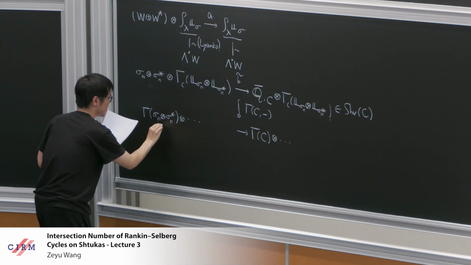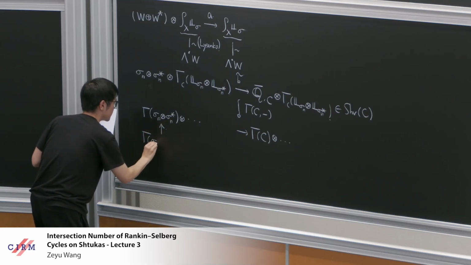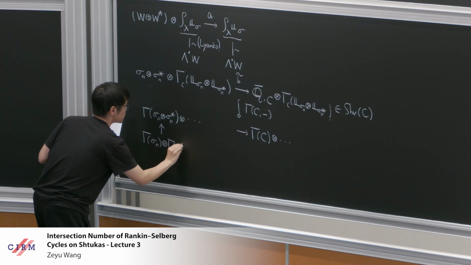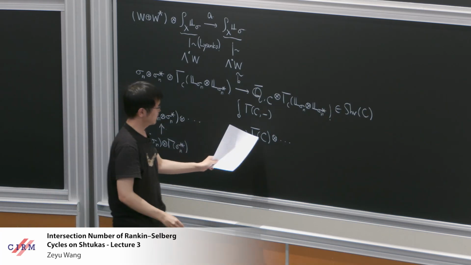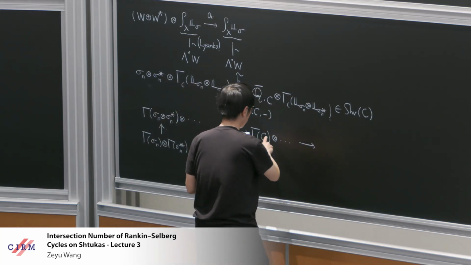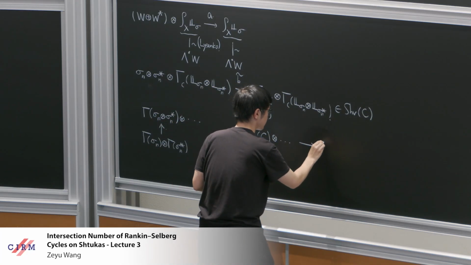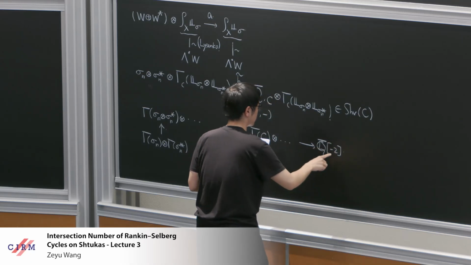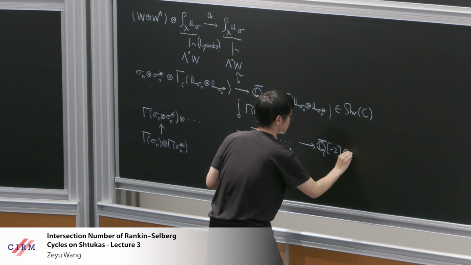This thing will receive a cup product from gamma_n tensor with gamma_n du, and this thing has a fundamental class mapping to just Q_l bar shifted to cohomological degree 2 and tensored by the same stuff.